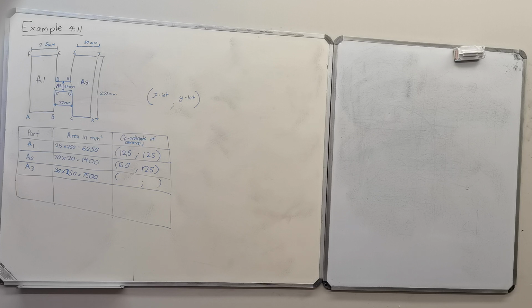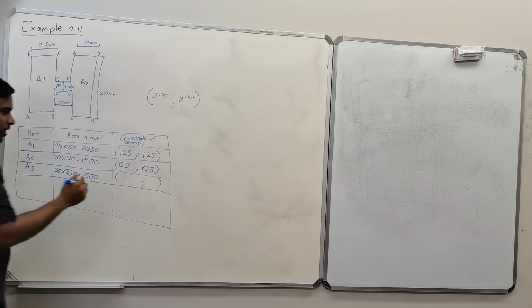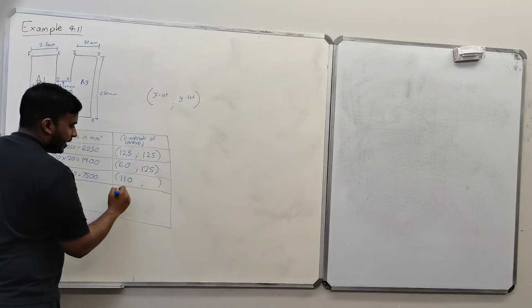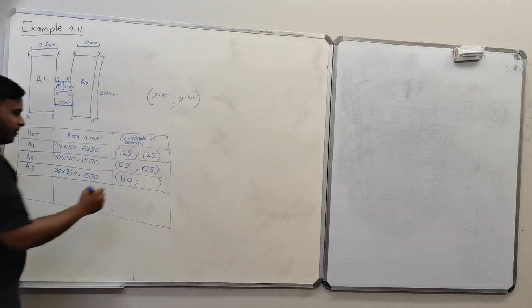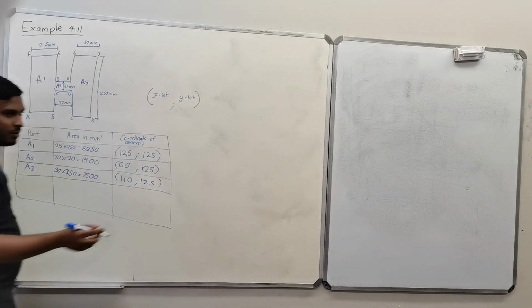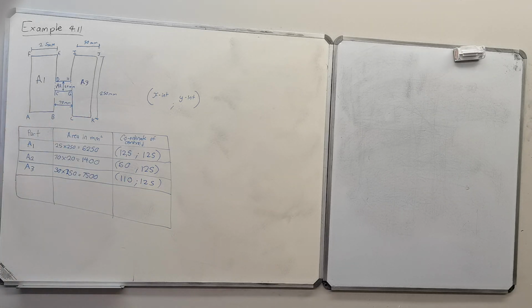That'll be half of 30, which is 15. 110 is right. You understand why it's 110? It's going to be 25 plus 70 plus half of 30. So it's going to be 110. Along the y-axis, its halfway point is also going to be 125. You understand that, right?